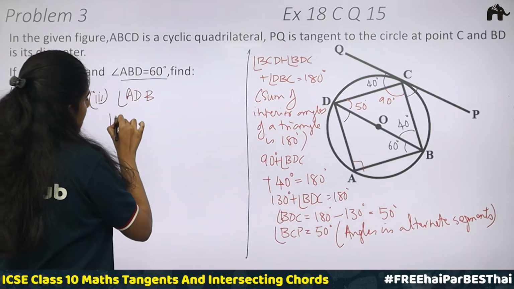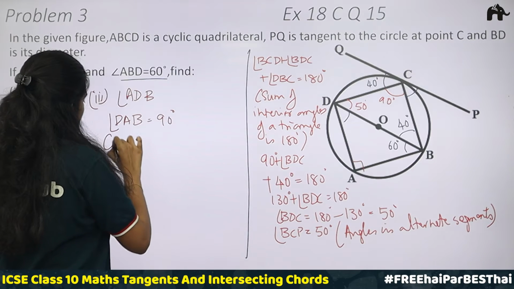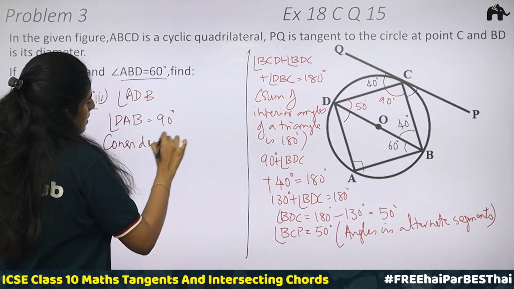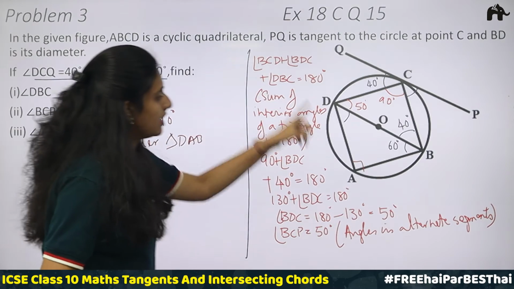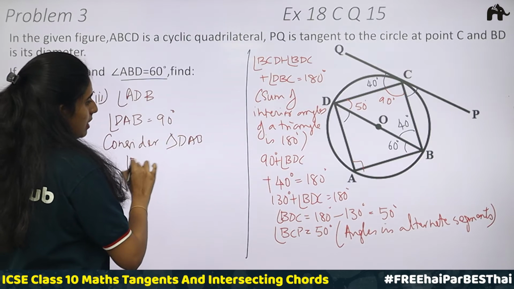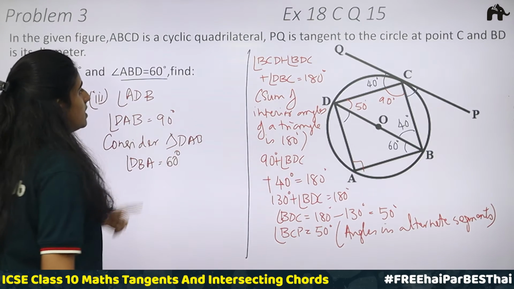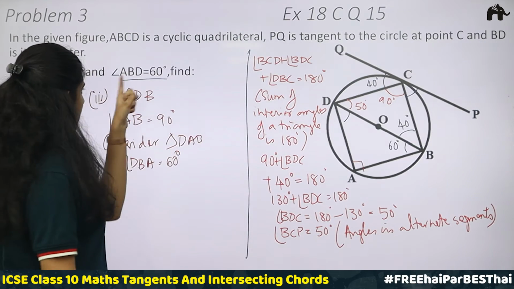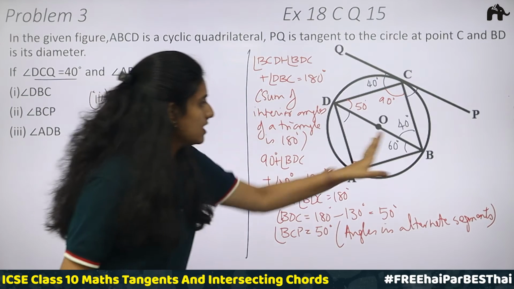Angle DAB is equal to 90 degrees. Consider triangle DAB. We have angle DAB equal to 90 degrees. Then we have DBA equal to 60 degrees, which is given in the question. ABD and DBA are the same angle, that is 60 degrees.